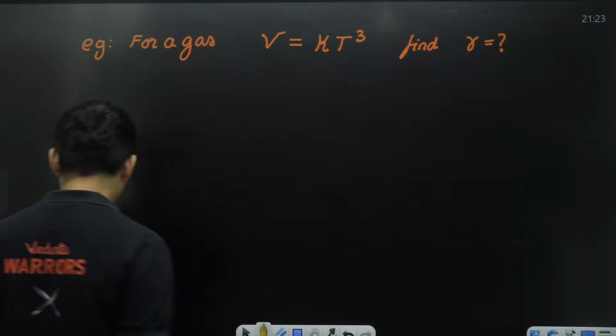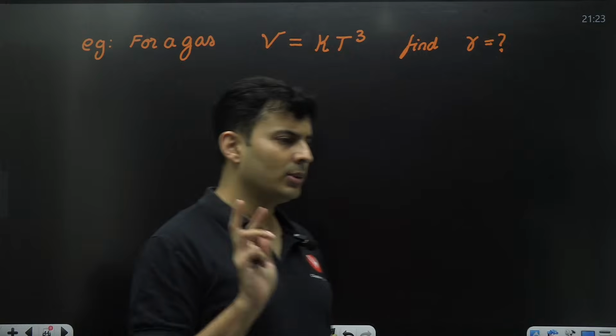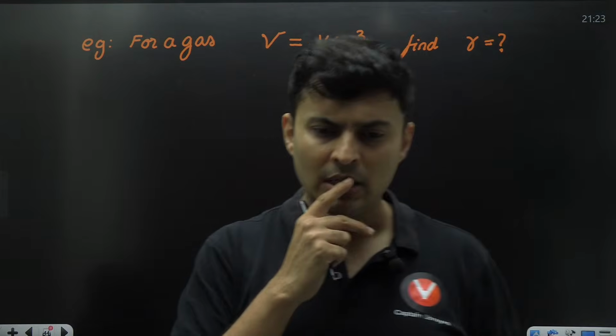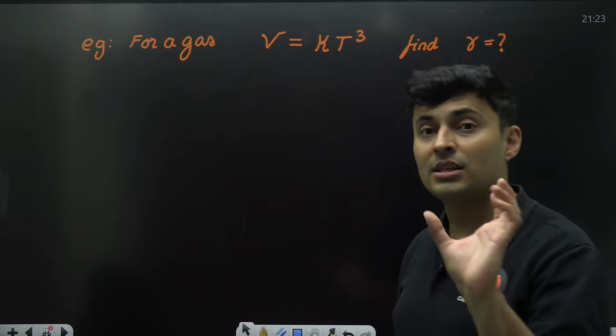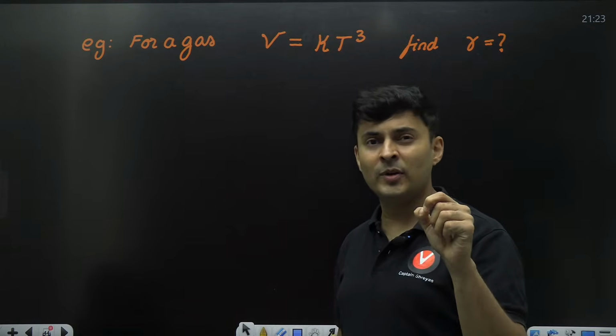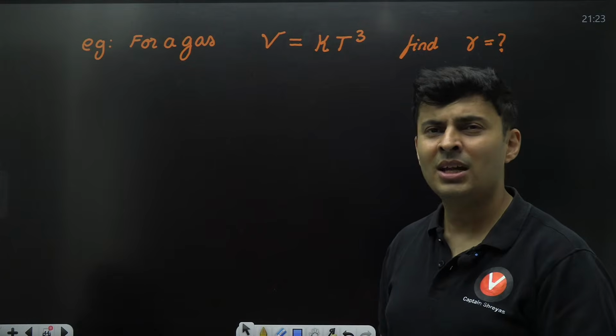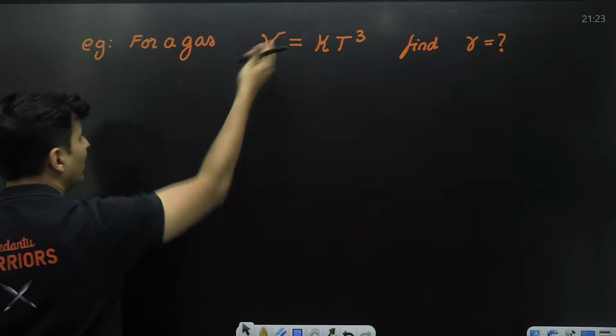If you think about it for a minute, you will understand gamma is related to change in volume and change in temperature. But how do I do that? I can take a big change, or I can take a small change. If I want a small change, then better take derivatives. Derivatives are always easier with such simple equations.